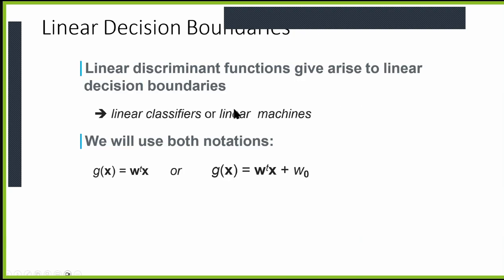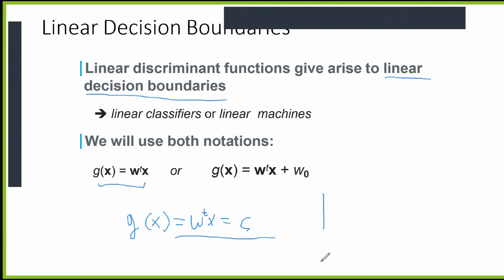The linear discriminant function brings the idea of the linear decision boundary. If we set this as a constant, this will correspond to a level set in the feature space.